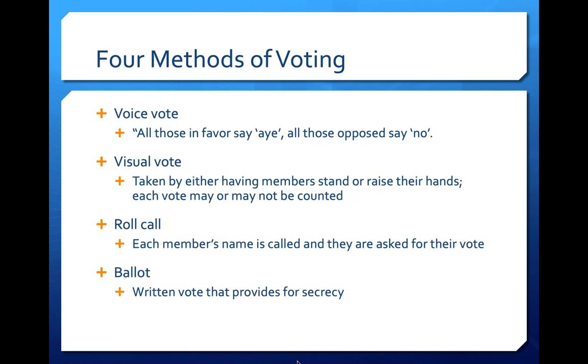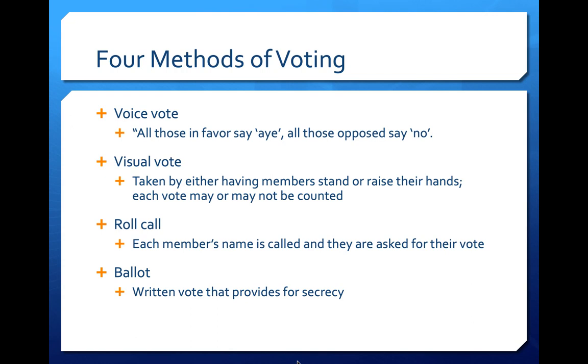So there's 4 methods of voting. The one that you're probably most familiar with is the one where somebody says, all in favor say aye, all opposed say no. That one is probably the most used in parliamentary procedure. The reason is because it's easy, and most of the time it's pretty simple to tell who thinks what.